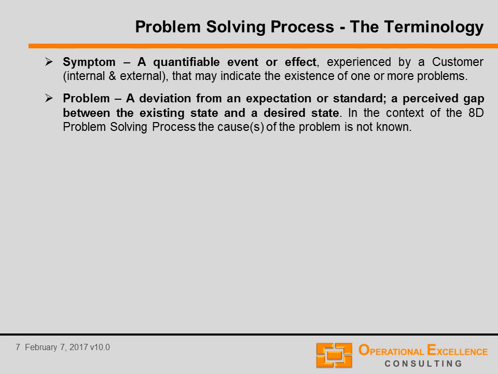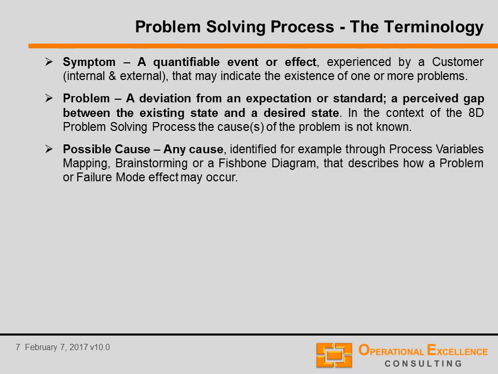So a difference or a gap or a deviation between what you get from a process compared to what you should have gotten from that process. So we need to figure out a way to get from a symptom to the problem that we really need to solve. And I'm going to show you later on how you can do that using the 8D problem-solving process and the tools that are integrated into that process.